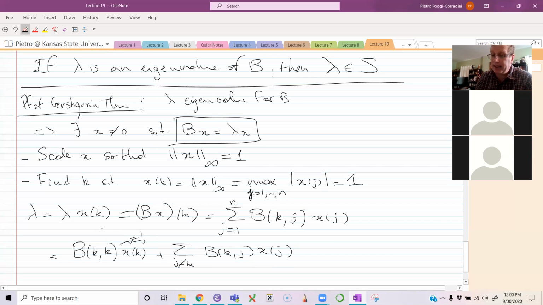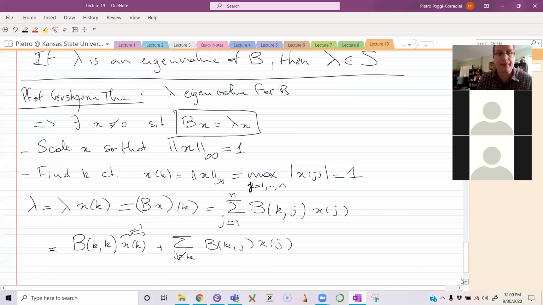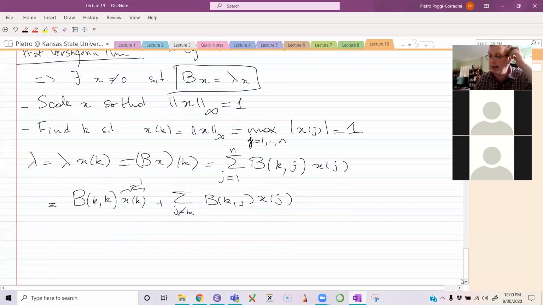And bkk, I can move to the other side. So I get that lambda minus bkk is equal to the sum of bkj xj over j not equal to k.